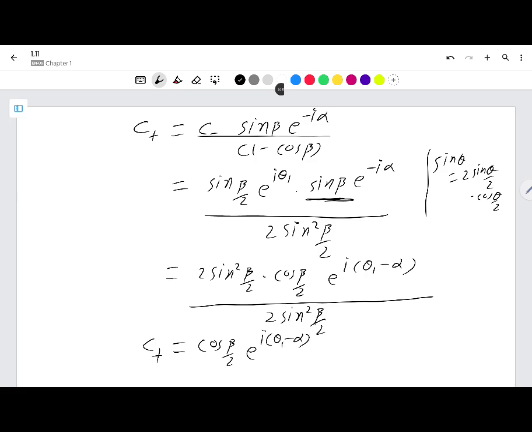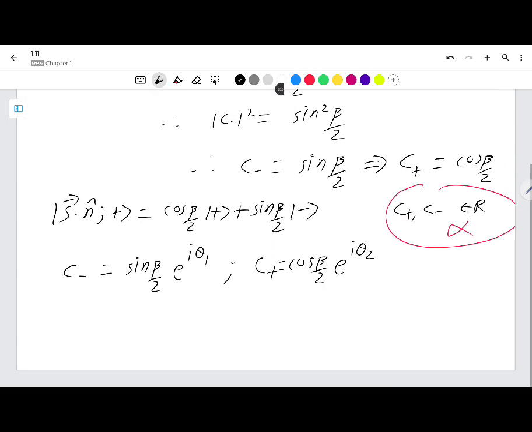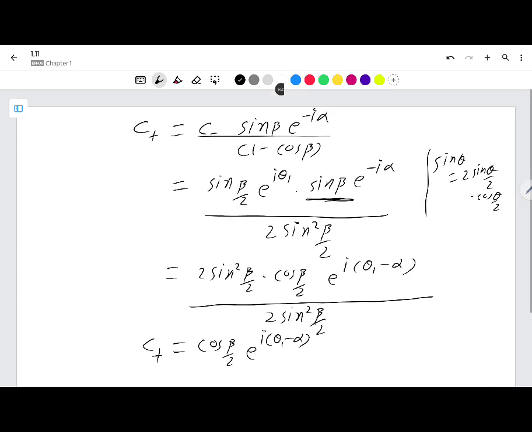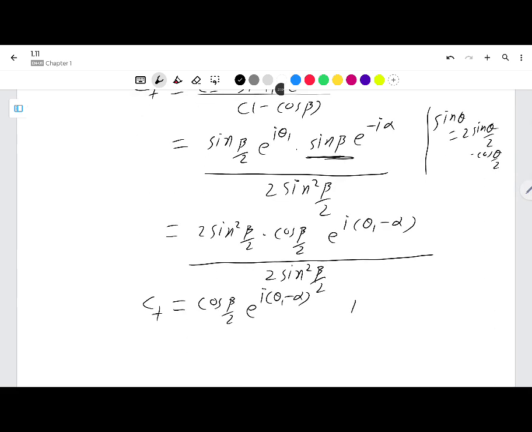So let's look at C plus. Okay, we are getting something. So if I say that theta 1 minus alpha is equal to some theta 2, then we get C plus equal to cos beta by 2 e power I theta 2, which we have already done.